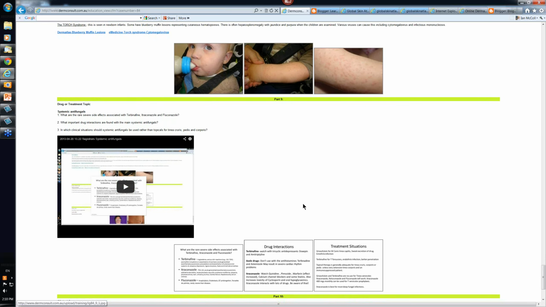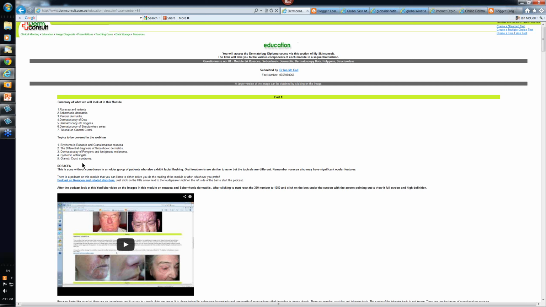And then in the webinar we're also going to look at granulomatous rosacea because I think it's one that dermatologists see a fair bit of, and so you should be aware of it and how it's going to present.